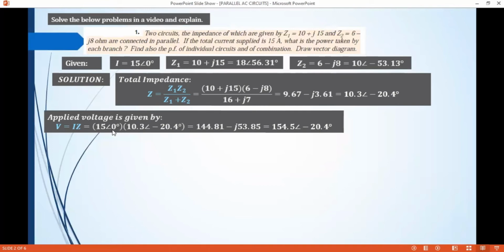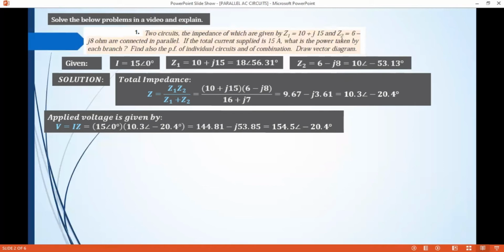So let's input it on our calculator. We have 15 angle 0 degrees times 10.3 angle negative 20.4 degrees. So we have 144.81 minus J53.85. So that is the complex form for the voltage.